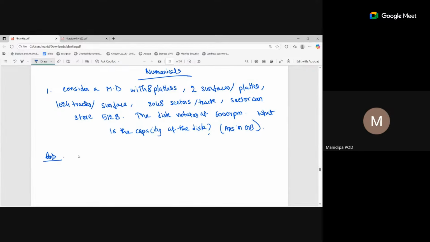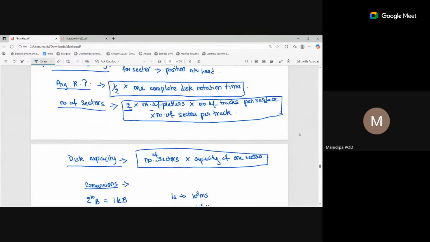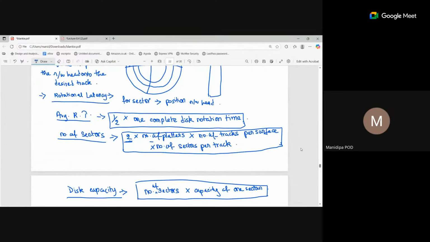Okay, first you can tell me which formula we will need to use here. Number of sectors might be useful. So we are asked the disk capacity, right? The disk capacity is the number of sectors times the capacity of one sector. Yes, the capacity of one sector is given as 512 bytes. So you just need to find the number of sectors.